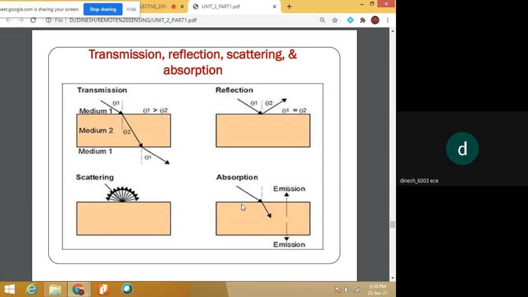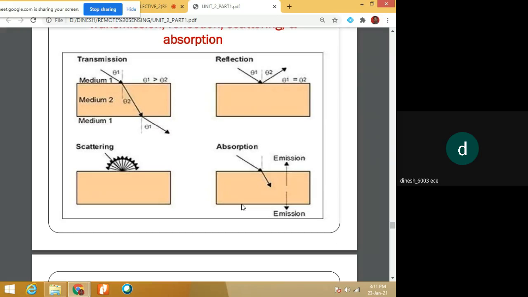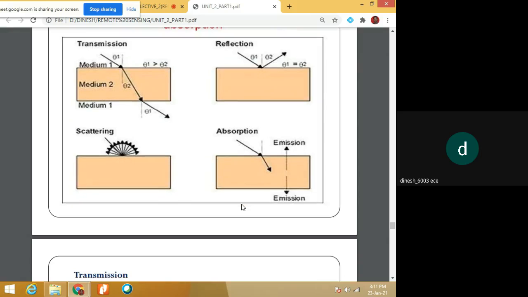Scattering is diffuse scattering due to rough surfaces and smooth surface scattering, and we have seen the different scattering mechanisms: Rayleigh scattering, Mie scattering, and non-selective scattering. Then absorption is this diagram, along with emission as well as refraction. Metals will absorb something. Water molecules, ozone, nitrous oxide, and carbon dioxide will all absorb electromagnetic radiation.